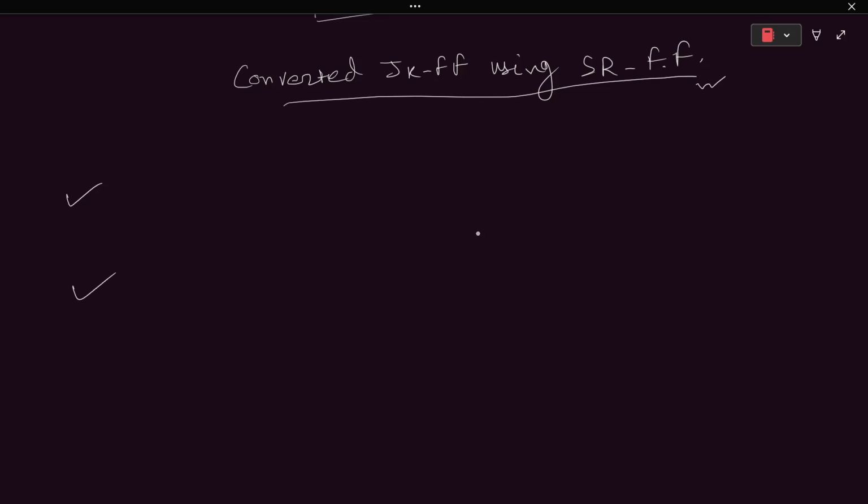I think these are things you are already quite familiar with. Some assignments are there. I'm giving you two simple assignments. First, convert T flip-flop into D. T flip-flop is the available one and D is the required one. After that, do the reverse conversion: convert JK flip-flop using SR flip-flop, but you may do the reverse too.